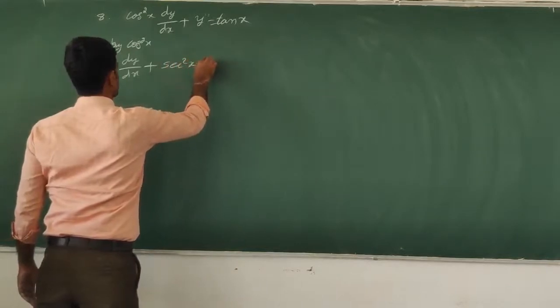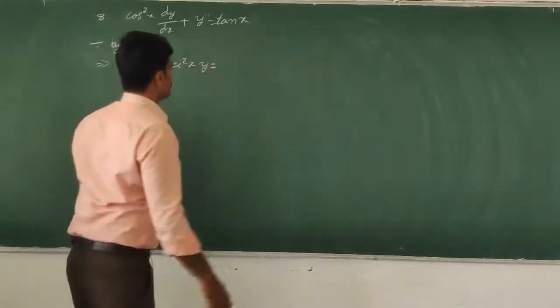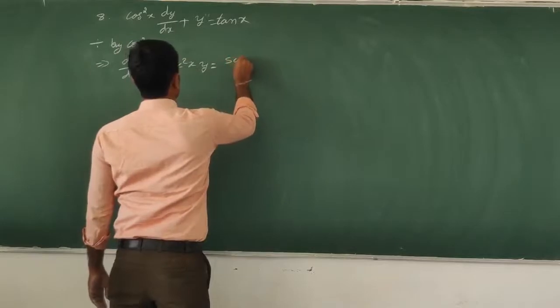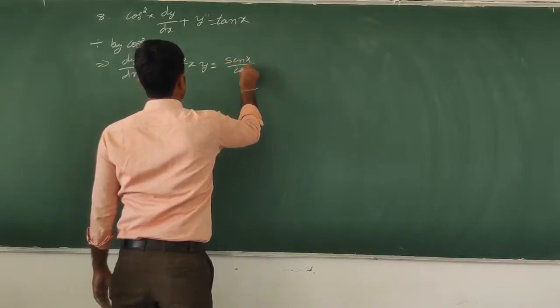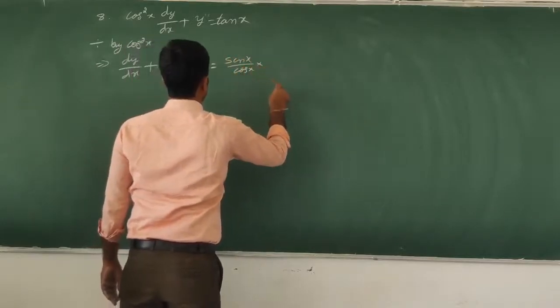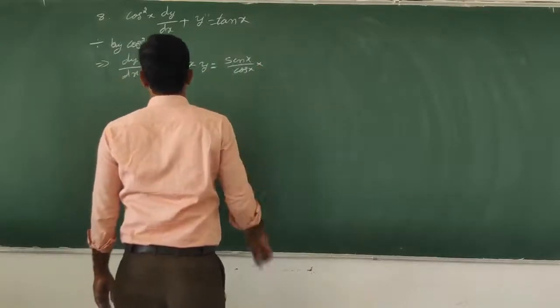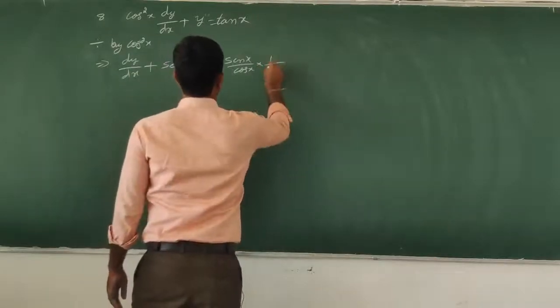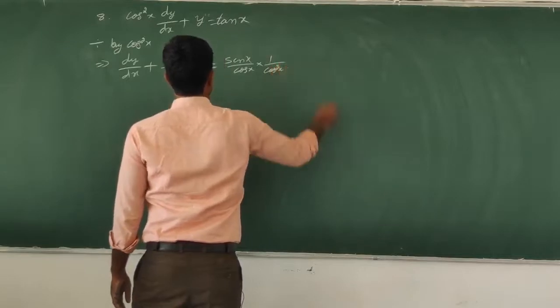Secant square x into y is equal to, look here, tan x, which is sin x by cos x, into 1 by cos square x. This form comes.